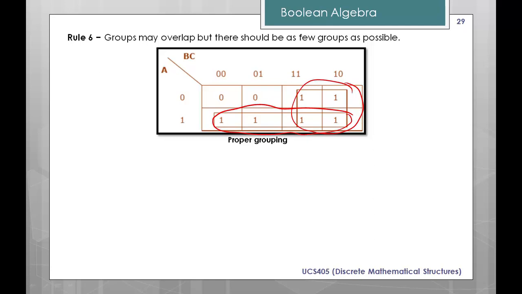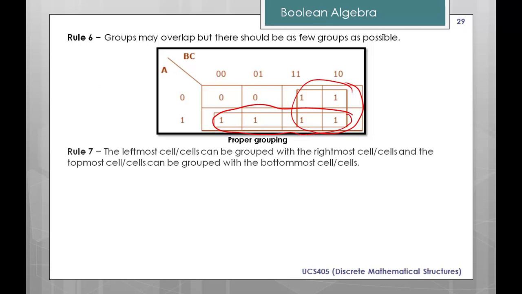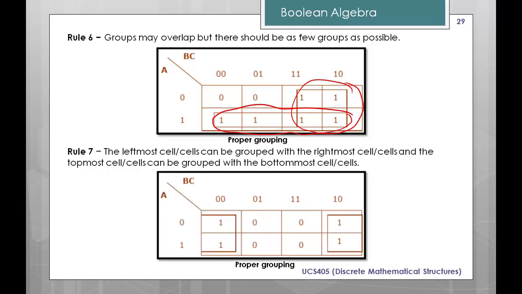They may overlap, but there should be as few groups as possible. Next rule, leftmost cells can be grouped with the rightmost cells and the topmost cells can be grouped with the bottommost cells. We can make the group this way. This is 1 and this is 2, so that is overall one group.